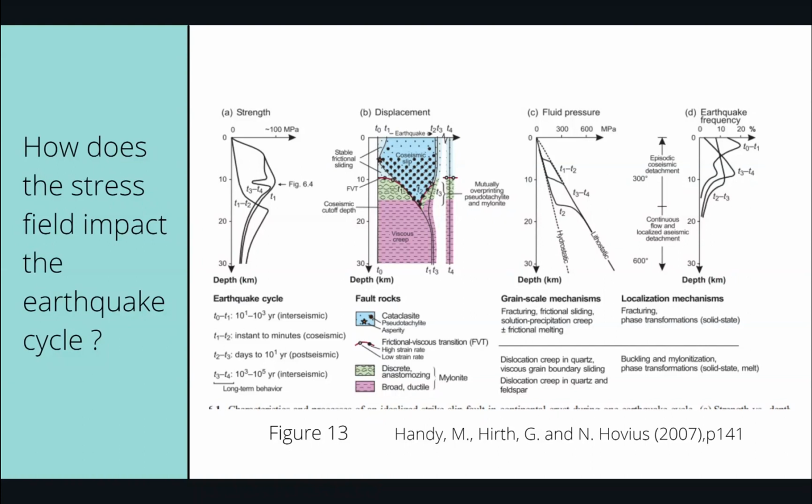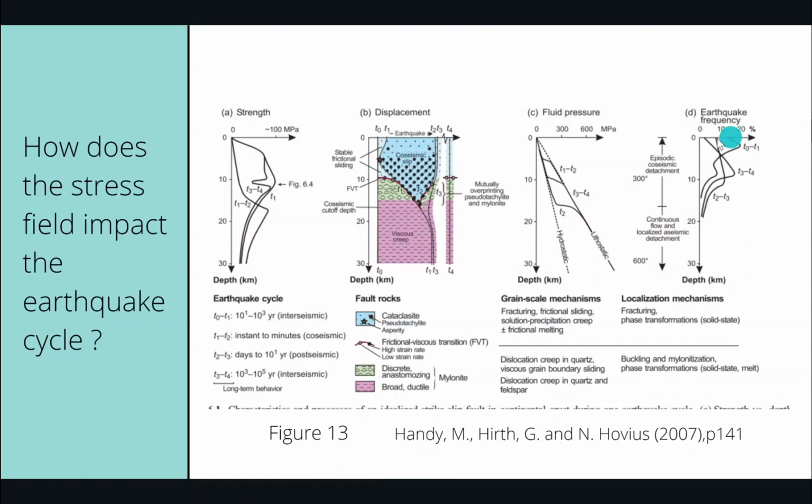And we also recognize that the regime where the most strain is accommodated can heavily impact the earthquake cycle. If most strain is accommodated in the brittle regime, we would expect more frequent earthquakes. However, if more strain is nested in the ductile regime, we might expect more aseismic deformation. And this will vary with space and time along the fault zone.